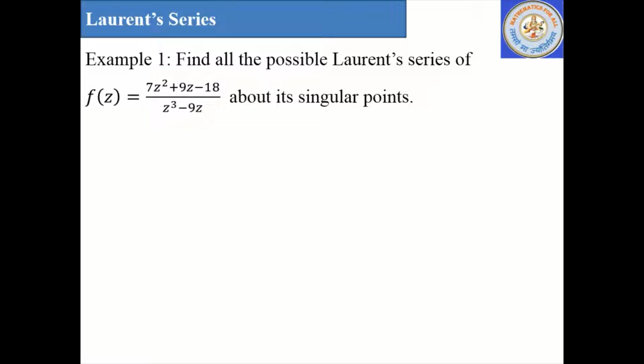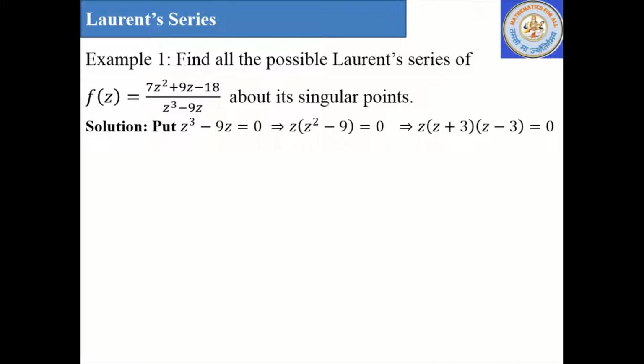So f(z) is given with numerator 7z square plus 9z minus 18, and denominator z cube minus 9z. To get the singular points, we put the denominator equal to 0, that is z cube minus 9z equals 0. Taking z common, it is z(z square minus 9) equals 0.